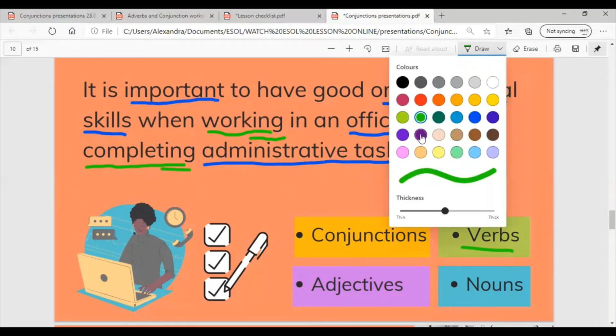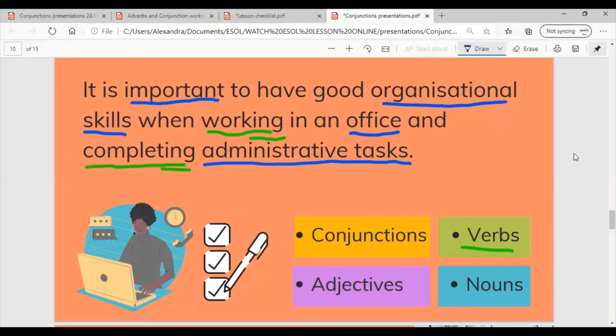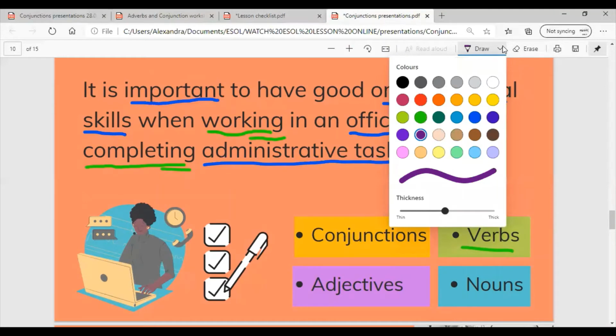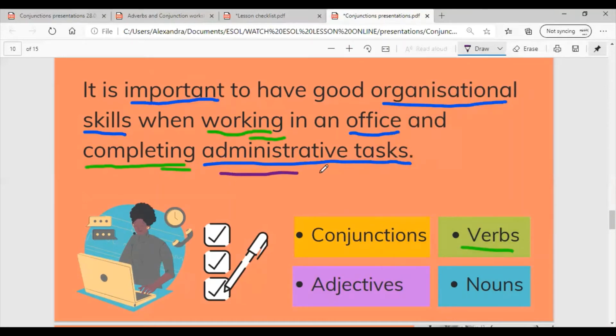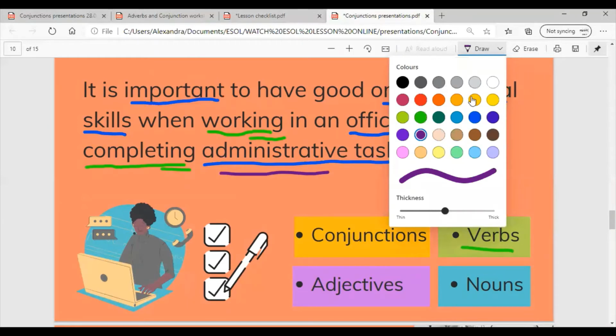Next, we're going to look, are there any adjectives? Sometimes things can be debatable. You might think that organisational could be an adjective, but in this context, I think we're just going to say there aren't any adjectives in this task, unless you'd like to say administrative is an adjective, which it could be. So we'll underline that like that.